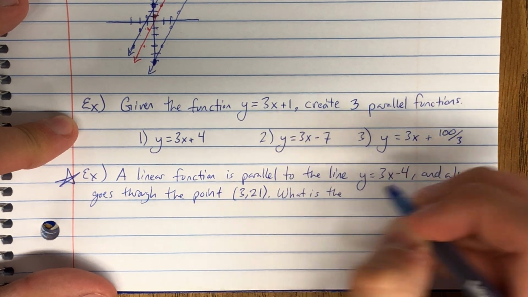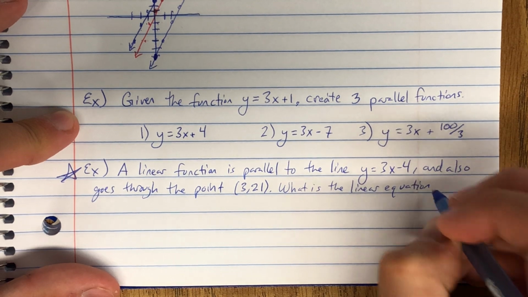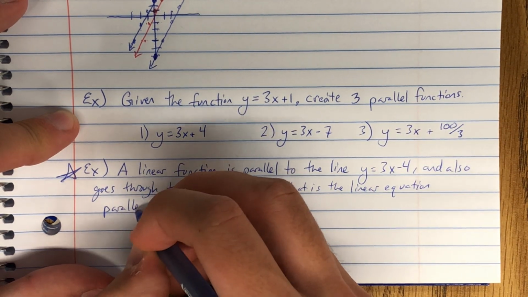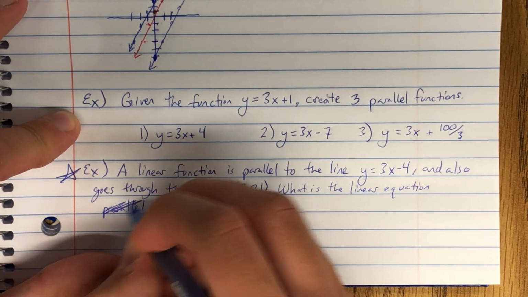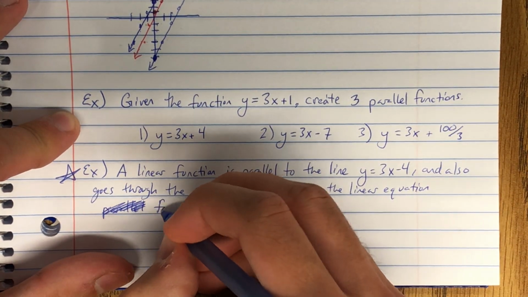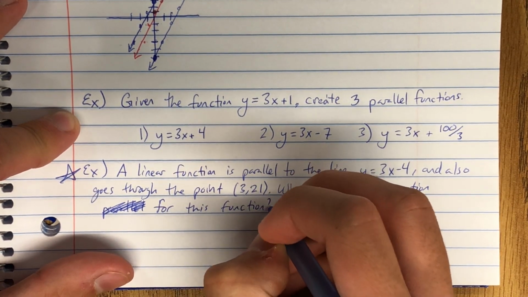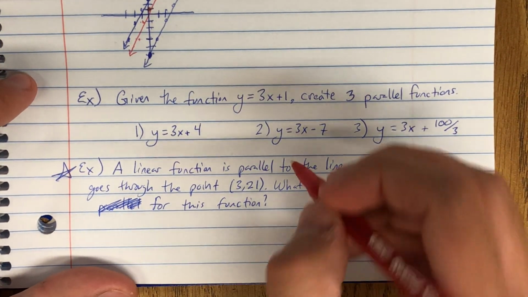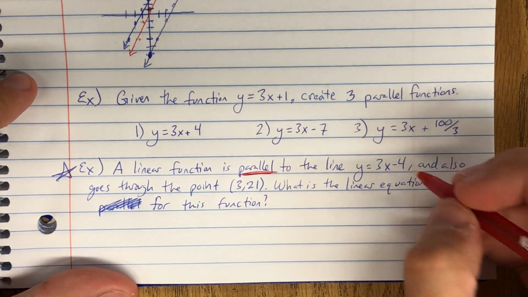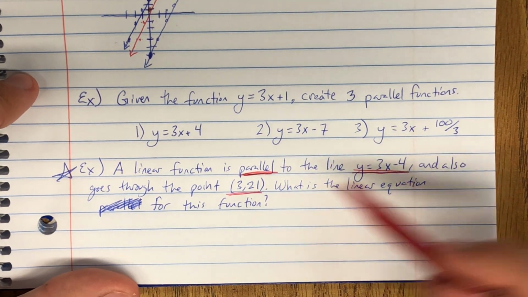What is the linear equation for this function? Okay, so we have a linear function that is parallel to y equals 3x minus 4, and it goes through the point (3, 21). What is the linear equation for this function?